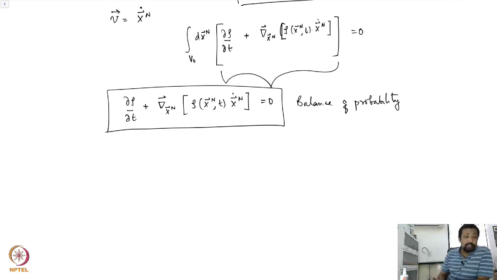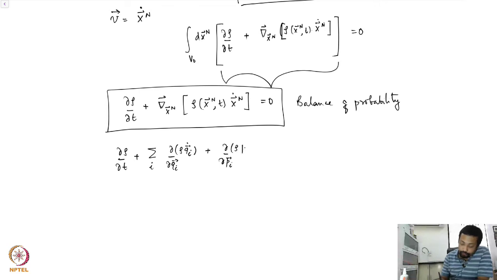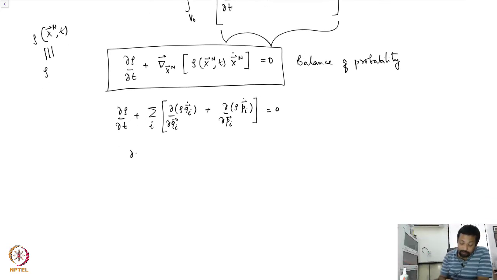Let's write down this equation explicitly. What does this mean? This means that I will expand this divergence term. I will write del rho qi dot by del qi plus del rho pi dot by del pi. I have suppressed rho of xn, this means rho in this equation, right? So there's a sum over i.